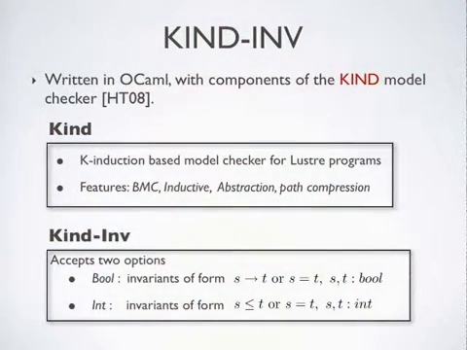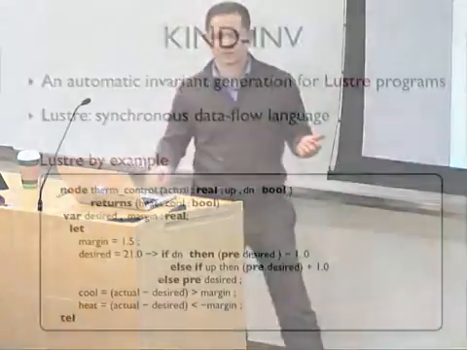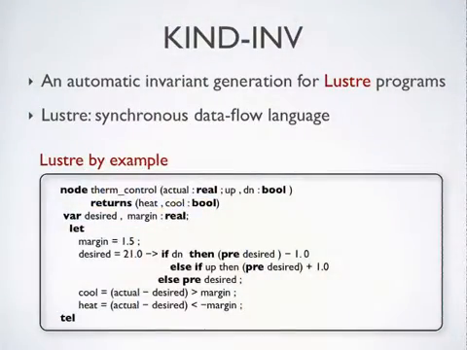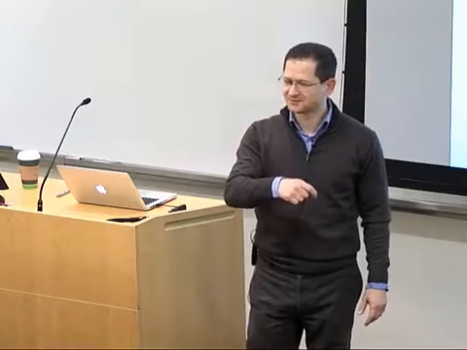So we've integrated this in Kind, and we work with Boolean invariants. The input language of Kind is the Lustre language. For those who know it, I don't have to say anything. For those who don't, it's just yet another language to express transition systems, something like SMV.